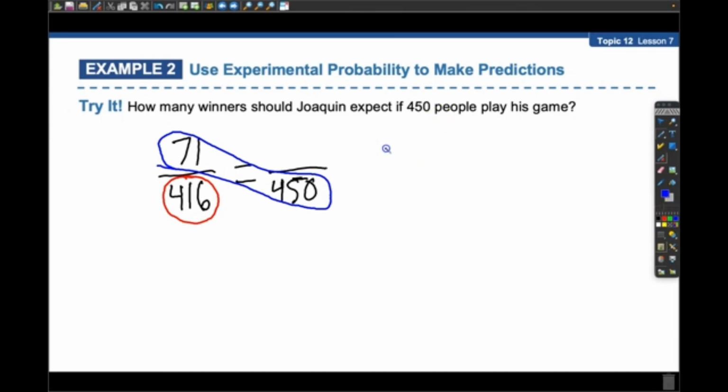All right. So 450 times 71 equals 31,950. Now, we take that and divide it by 416.